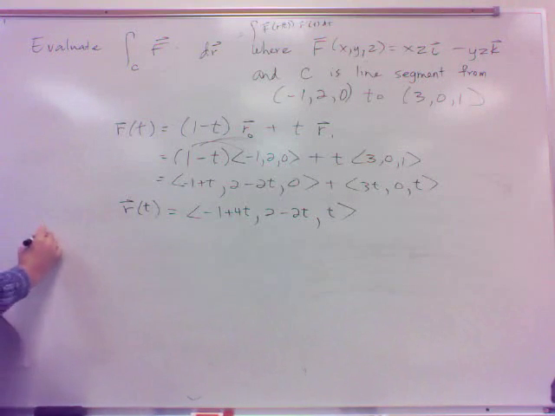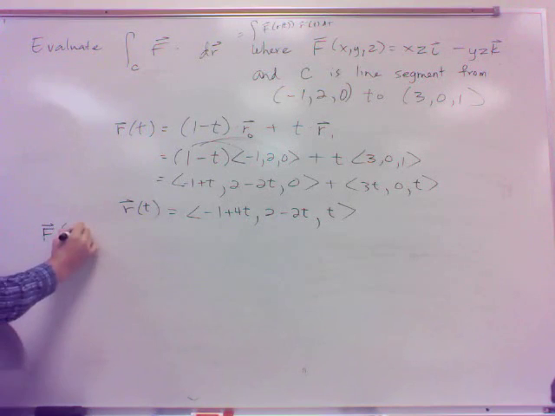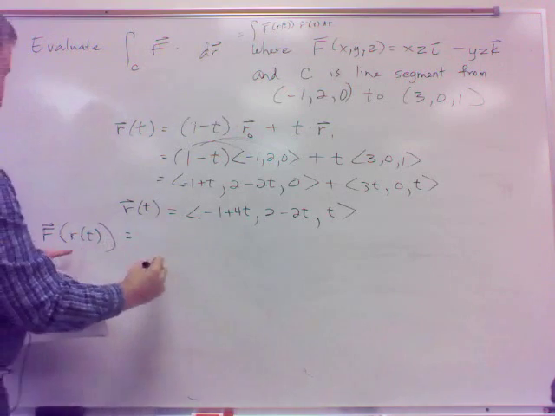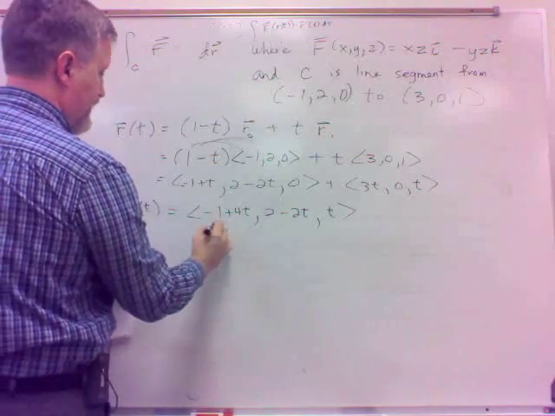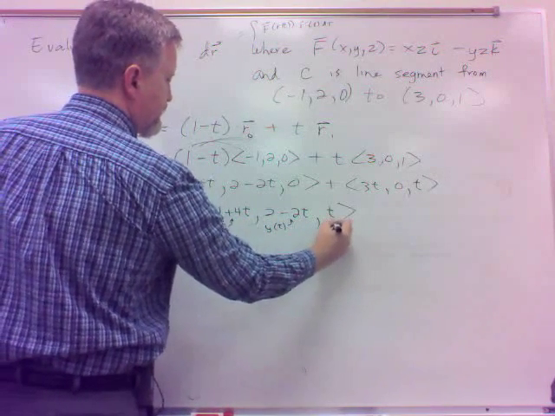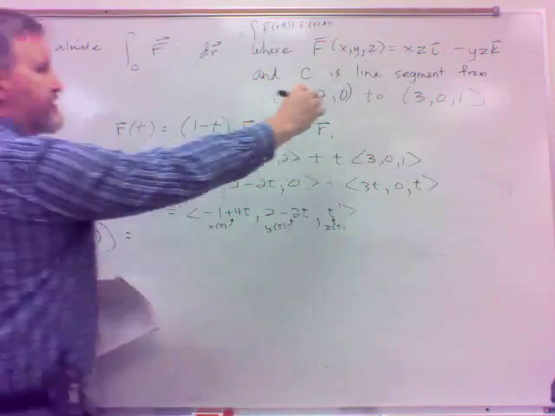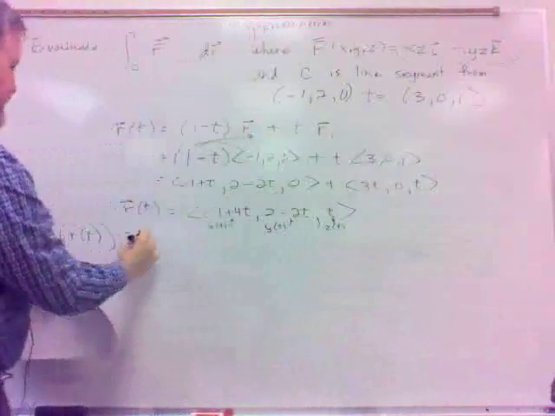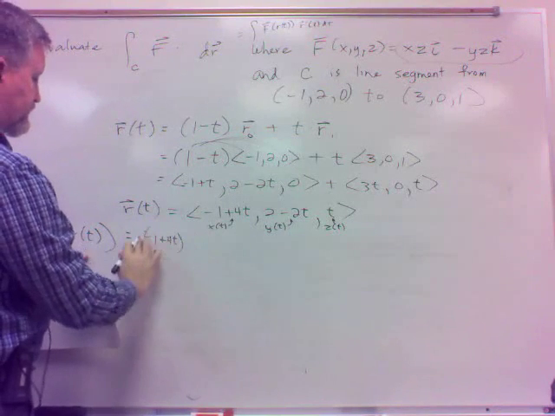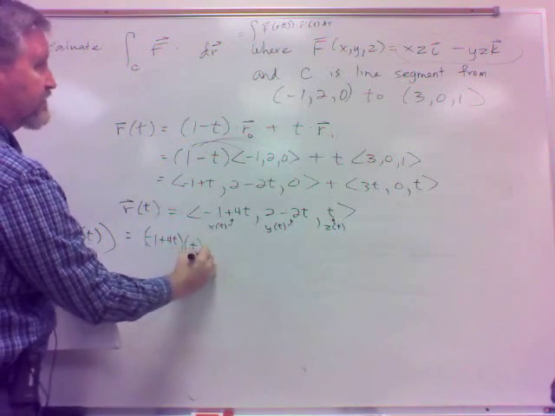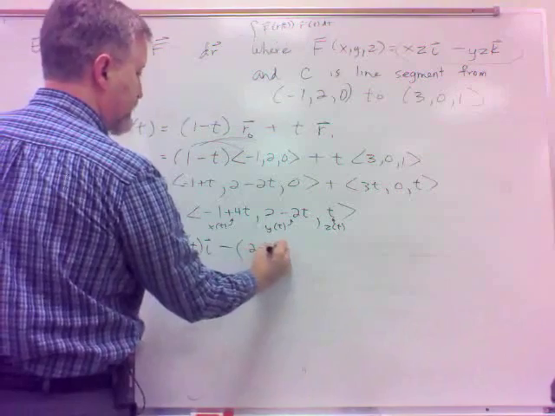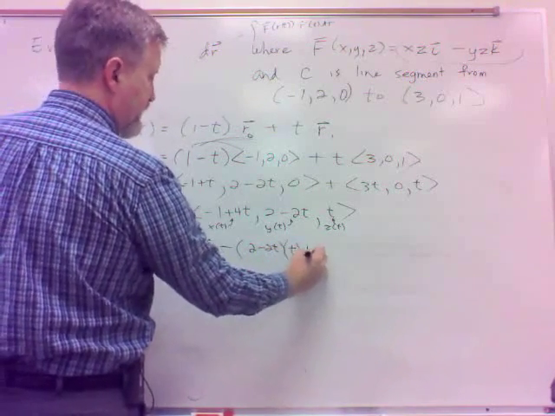So we plug in: x of t, y of t, z of t into the vector field. That's x, which is negative 1 plus 4t, times z, which is t, i, minus y, which is 2 minus 2t, times z, which is t, k.